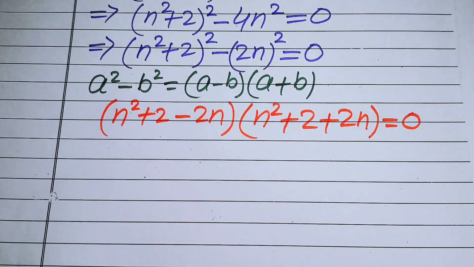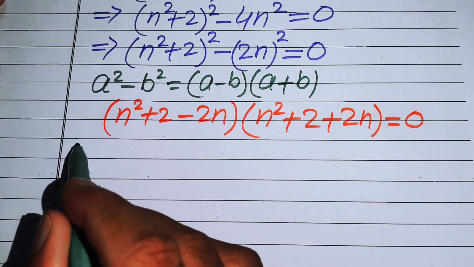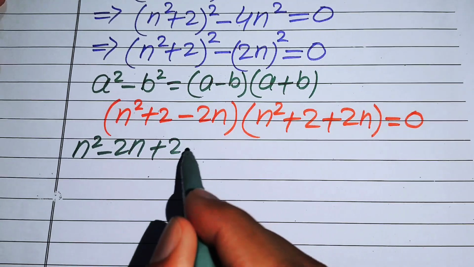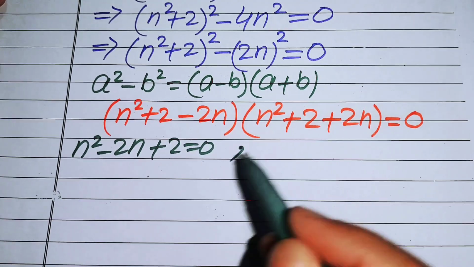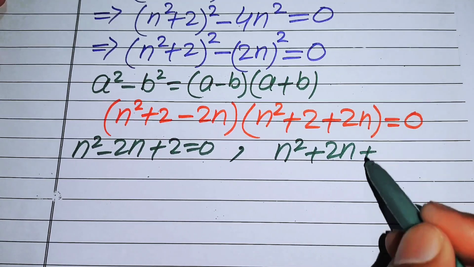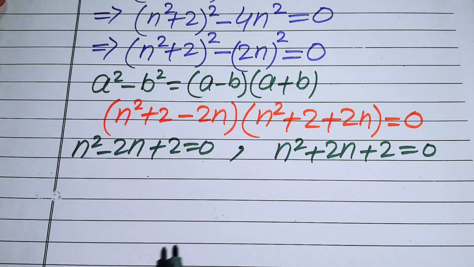After this step we will make a little bit of simplification, and we have two cases. Our first case is n squared minus 2n plus 2 equals 0, and the second case is n squared plus 2n plus 2 equals 0.